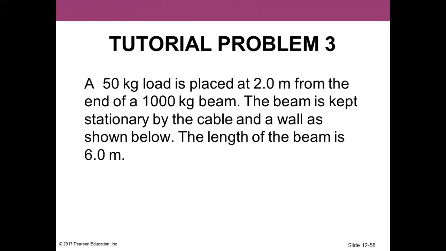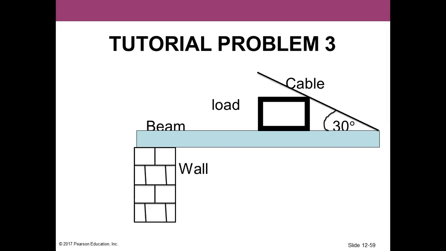Tutorial problem number 3 or 4. A 50 kg load is placed at 2.0 meters from the end of a 1000 kg beam. The beam is kept stationary by the cable and the wall as shown below. The length of the beam is 6.0 meters. As you can see, here is the load of 50 kg.